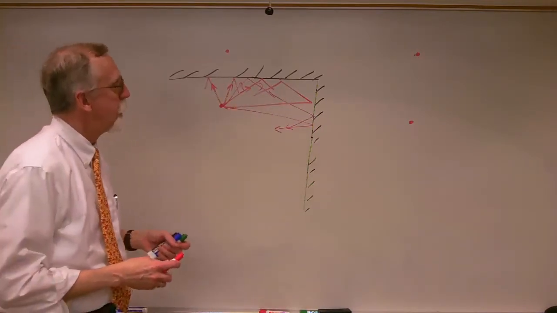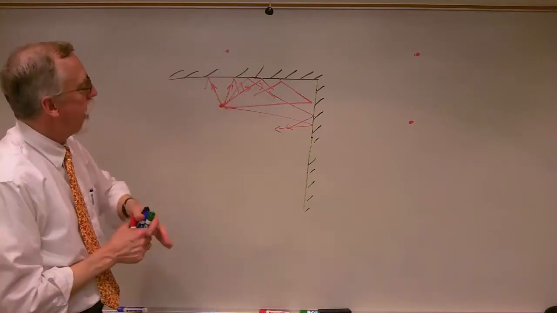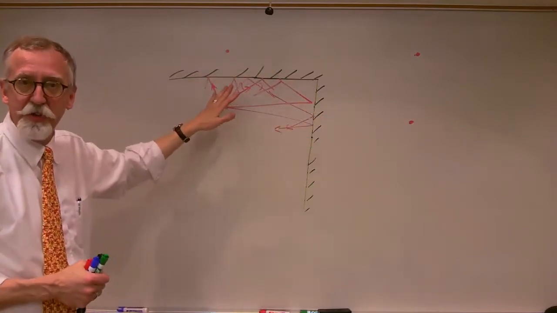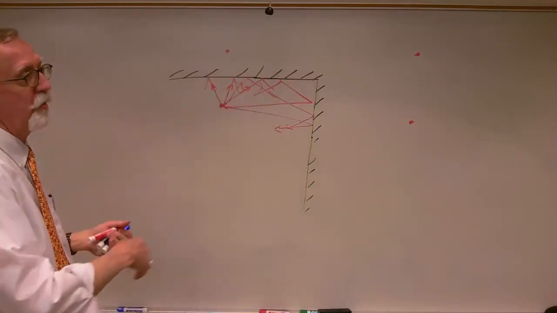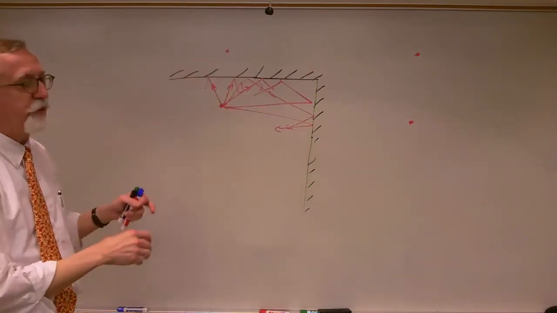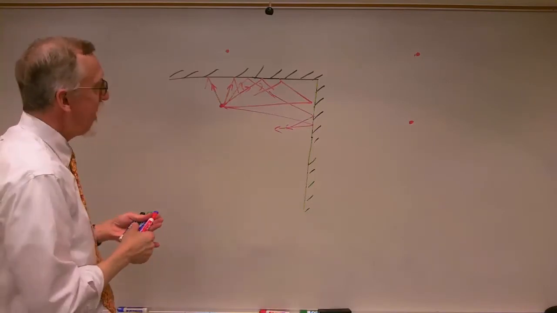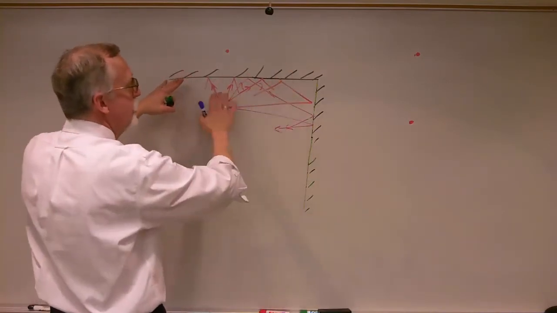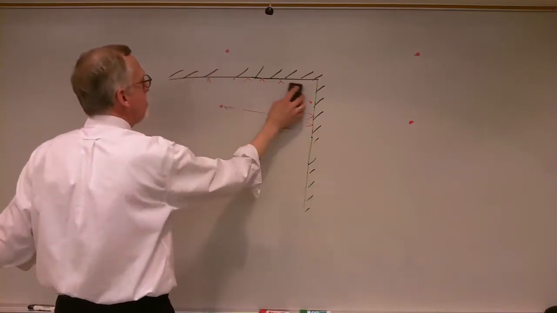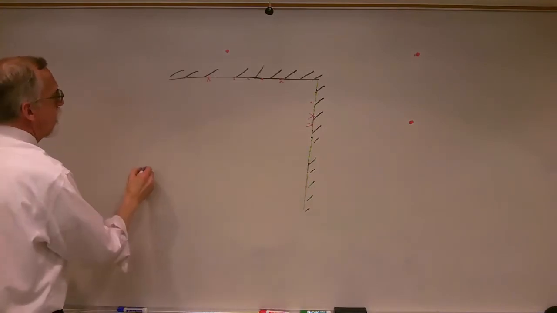We could actually imagine adding a third mirror to this, say, perpendicular to both of these. We can imagine this might be like the inside corner of two walls and a ceiling, or two walls and a floor, where we actually have three mutually perpendicular mirrors. Well, in that case, if you can imagine the rays in 3 dimensions here, let's imagine what would happen to a ray that comes in here.